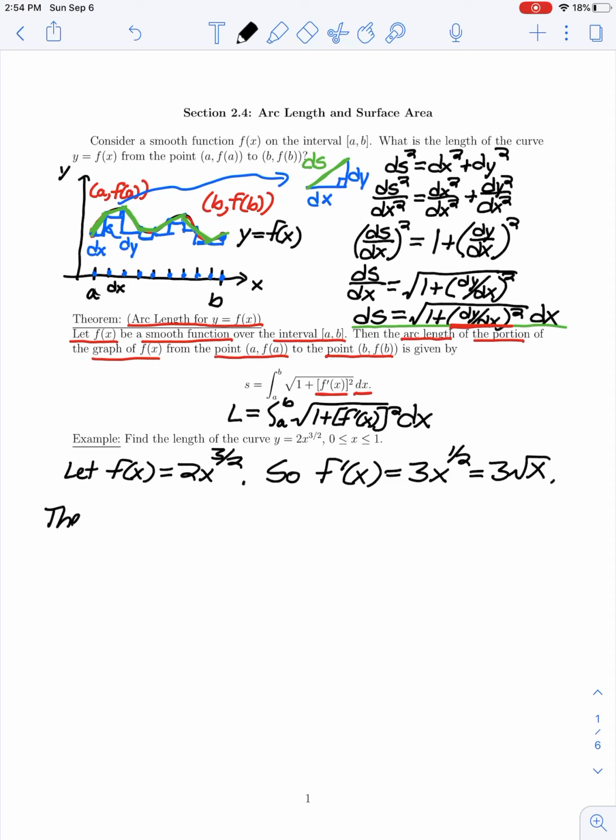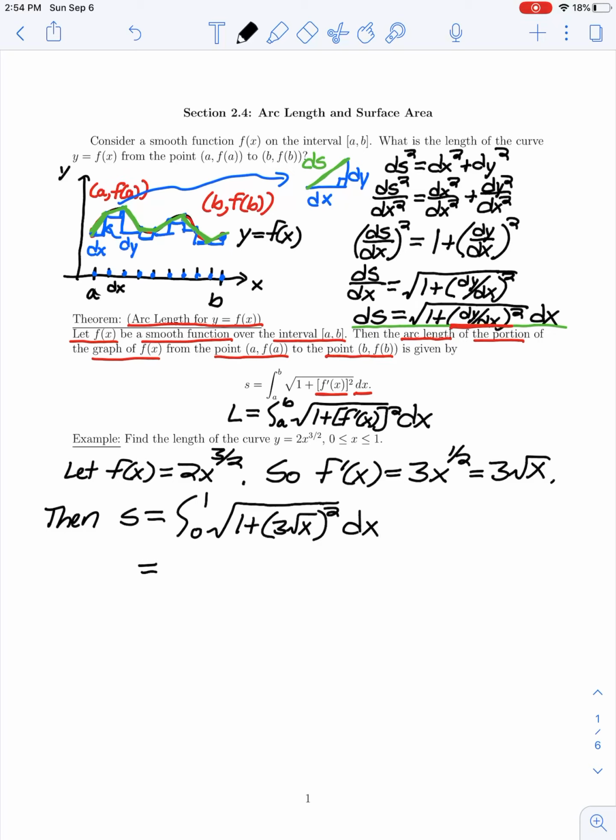So using our formula for the arc length of this curve, s, or capital L if you prefer, would be given by the definite integral over our x interval, which in this case was from 0 to 1, of the square root of 1 plus our derivative, which we found to be 3 square root of x, squared, with respect to x.